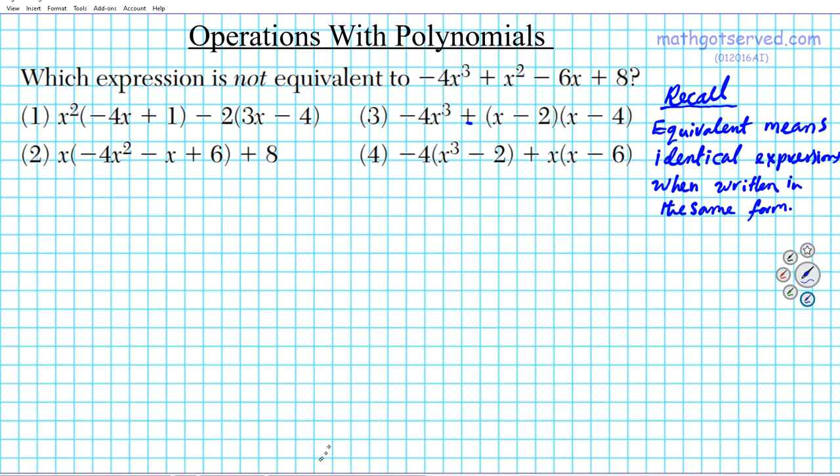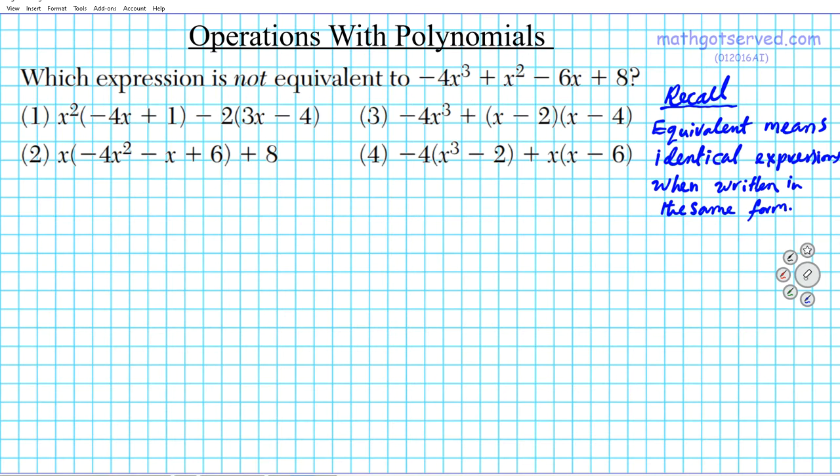Options 1, 2, 3, and 4 are various ways you can express a cubic with 4 terms in a factored state. The quickest way to solve this problem will be to convert all these factored forms into the expanded or standard form and then compare it to this original expression to see if they are identical.